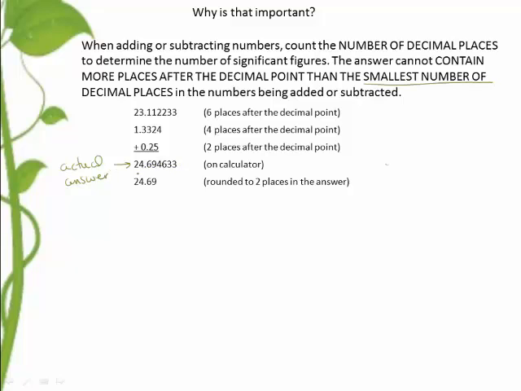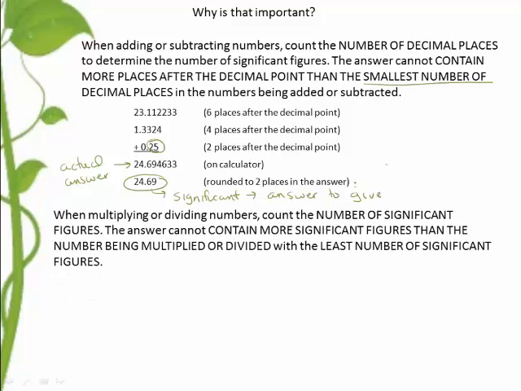But the answer I want only has 2 decimal places because I only had 2 decimal places in my smallest number of decimal places, so I can only have 2 decimal places in my answer. So this is the answer that I need to give.